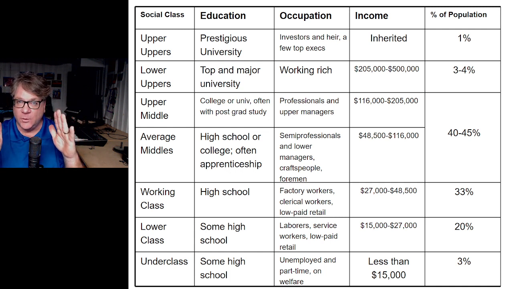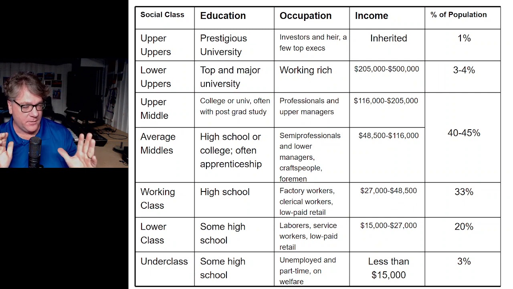Because what we know in the United States, social class, income, and wealth is based on three major things. Now, there's other things that are at play here, but three major things: your family background, where you come from, the apple doesn't fall too far from the tree, your job, and the amount of education you have.